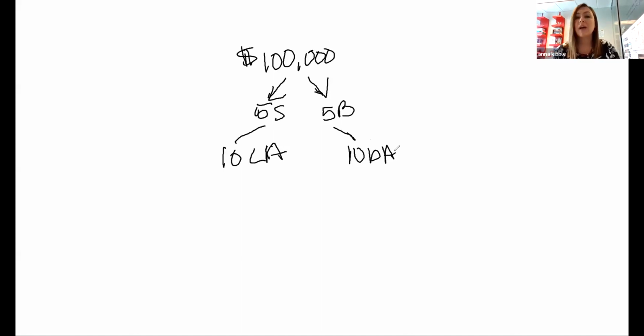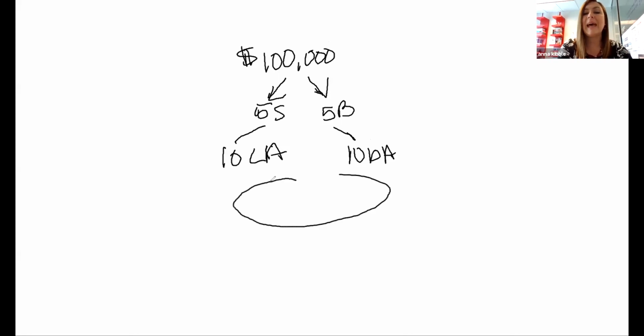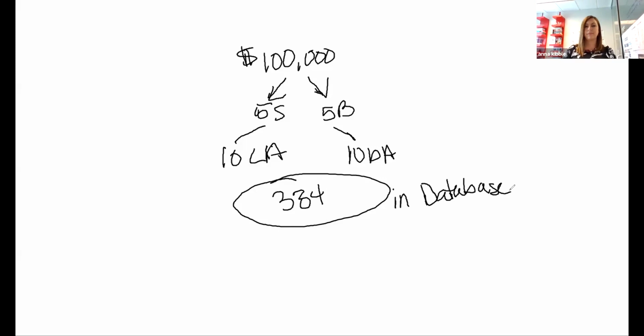And then we identified some ways to fill our databases through prospecting so that we can have at least 334 contacts in our database. Are we on track so far? Awesome.